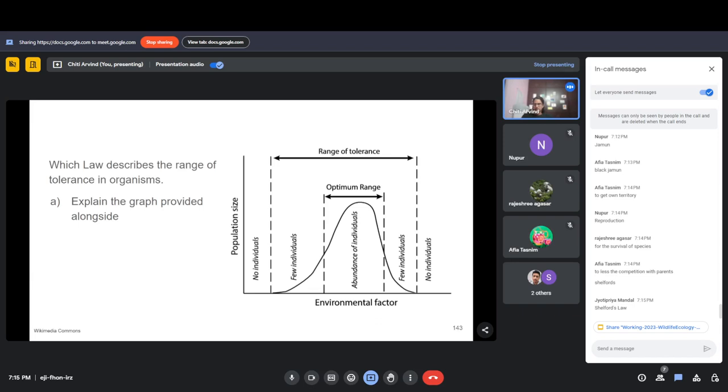Okay, Shelford's law. So, what does Shelford's law actually tell us? You can explain based on the image that is provided. Any idea what Shelford's law states?